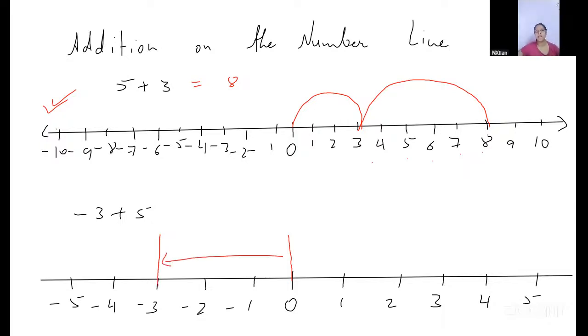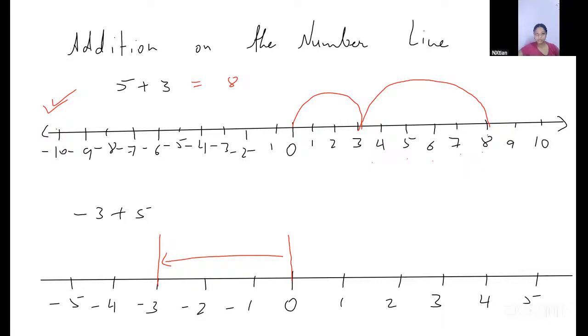And it says plus 5. So from minus 3, we will go towards the right side 5 steps.